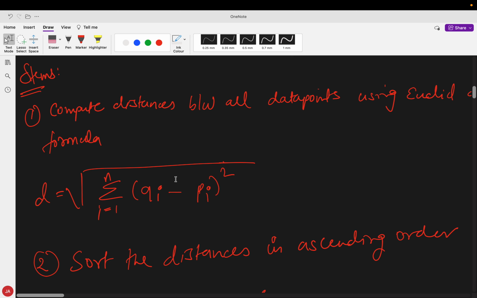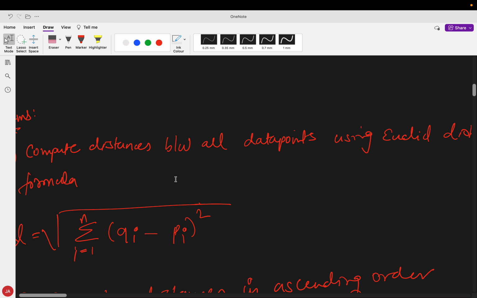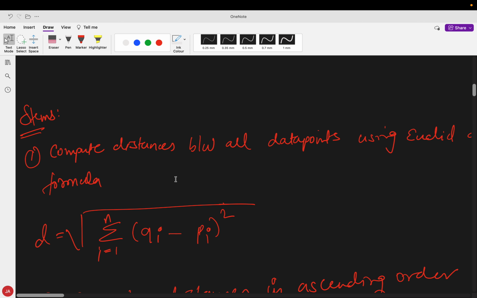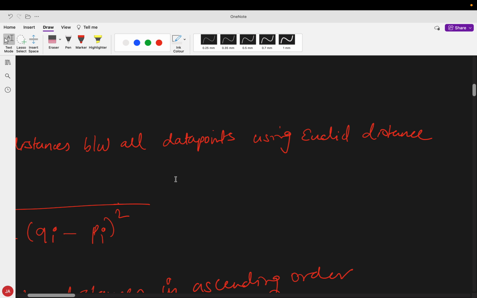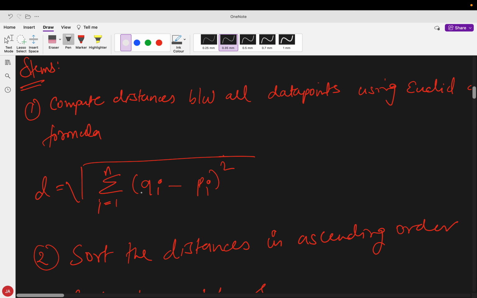So if we have to impute missing values for our data set, how do we impute them? Let's say we compute the distances between all the data points and the missing data point. Let's say it is P, Q is my data point X for which I want to find the missing value. Here is my question mark, this is my ith row and jth column.